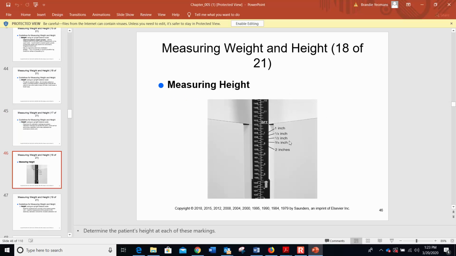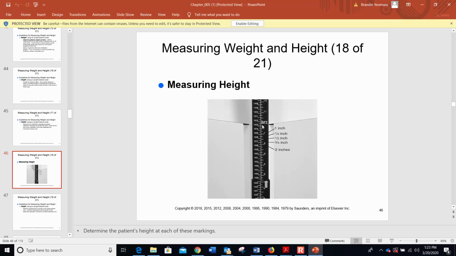So if you see here, you have inches, and then you also have the quarter inches. So don't let this scare you. The device actually has that pre-marked for you.